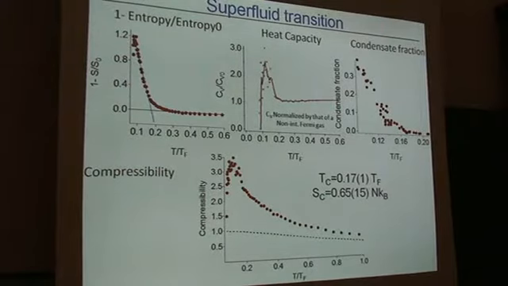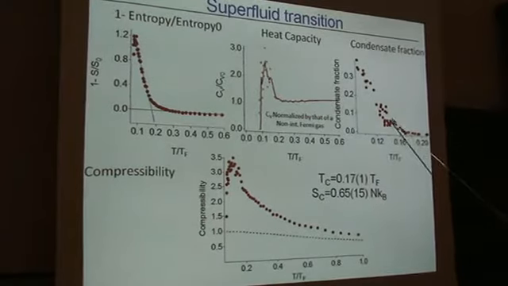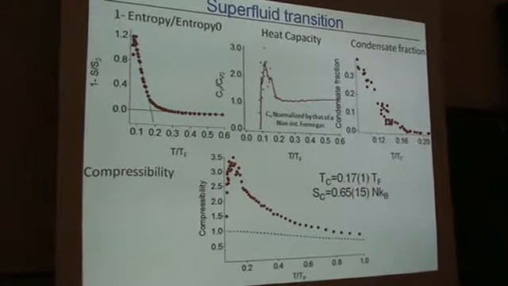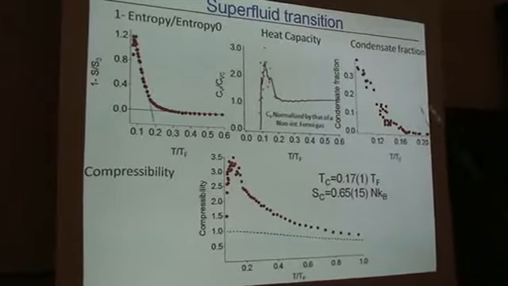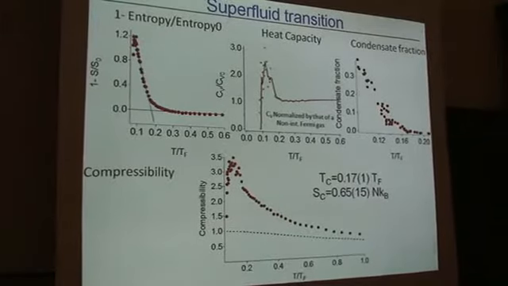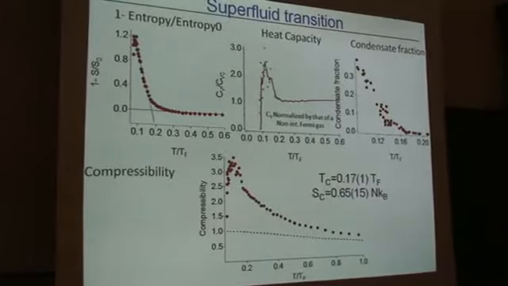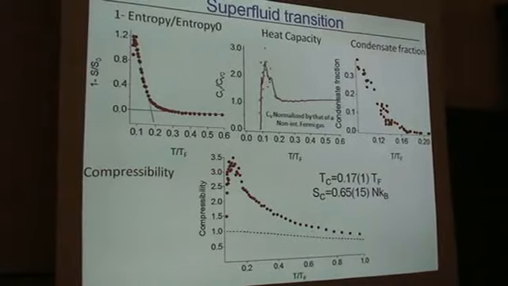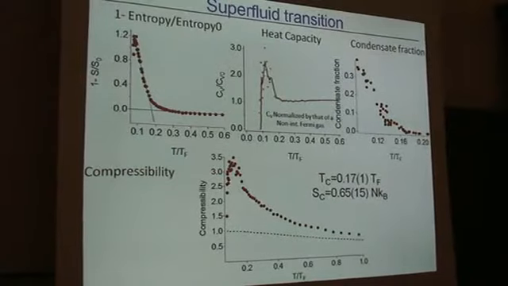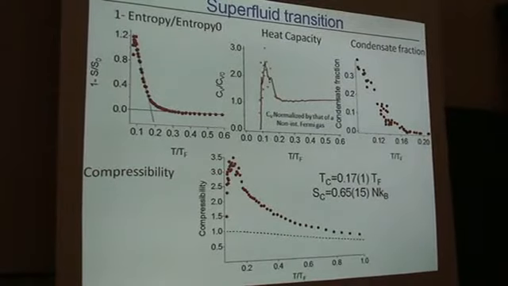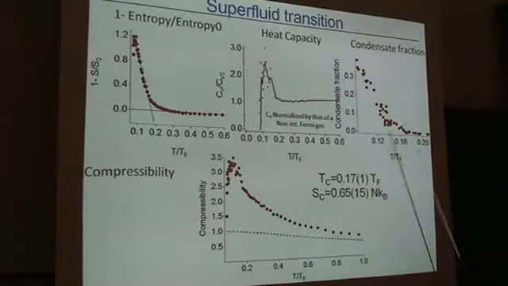That's the only measurement that is not a local measurement. We just expand our cloud and see how many atoms are in the condensate peak, which is a global, trap-averaged measurement. Everything else is local, but this is not.